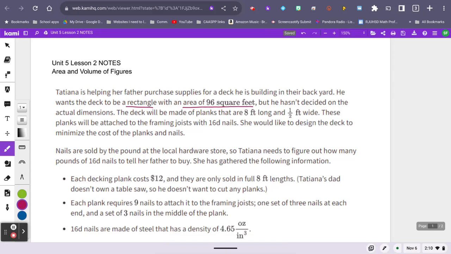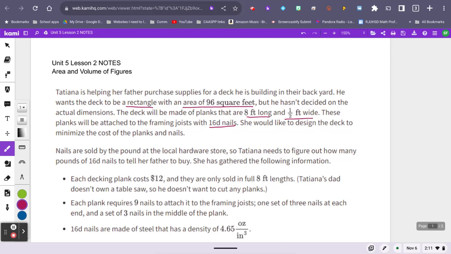The deck will be made of planks that are 8 feet long and half a foot wide. These planks will be attached to the frame with thick 16D nails. She would like to design the deck to minimize the cost of planks and nails. Nails are sold by the pound at the local hardware store, so Tatiana needs to figure out how many pounds of nails to tell her father to buy.